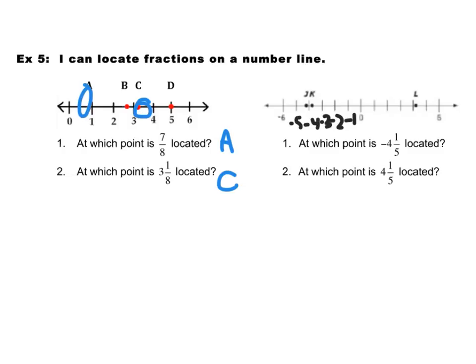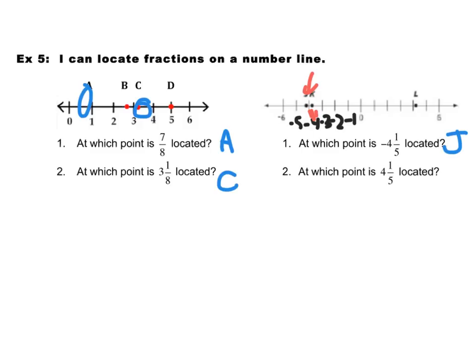All right, so negative 4 1/5. It's more negative than 4, but it's going to be between -4 and -5, so you have to be careful there. It's going to be located right here, because here is -4. Can you see there? And then we need to go a little bit further negative, so we are at point J.